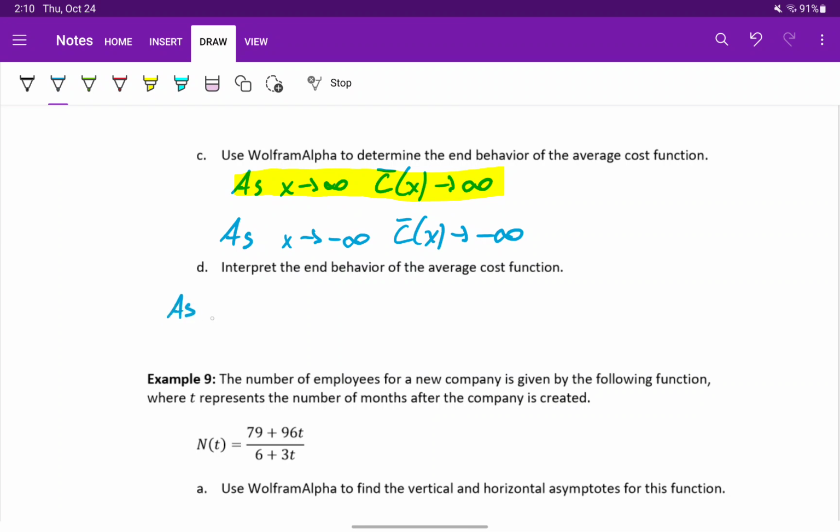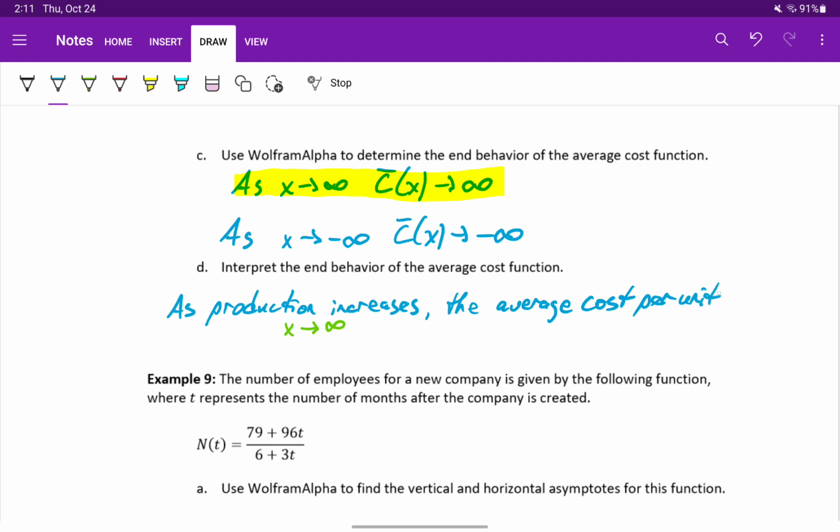And to interpret this, we could say as production increases, which is implied by X approaching infinity, the average cost per unit will also increase.